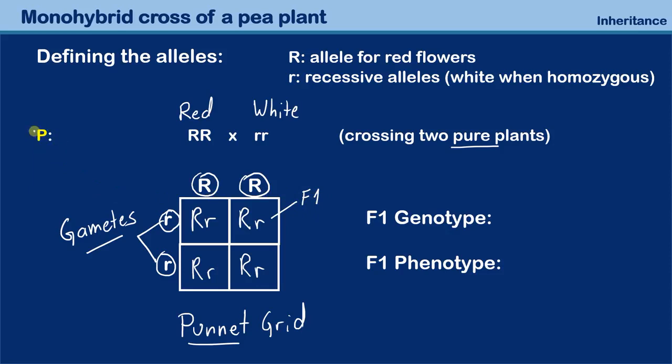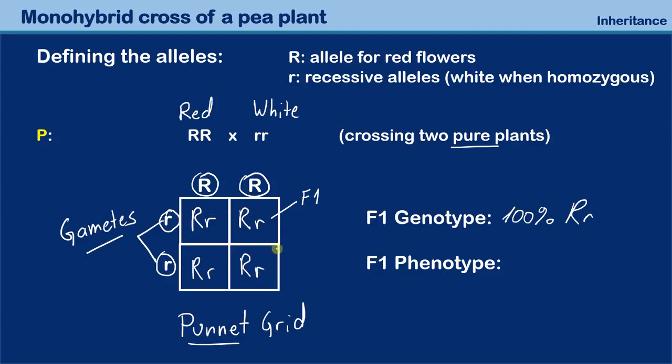P stands for parental, the parents, and F1 stands for filial. And you can see that all of them have capital R, lowercase r, all of them are heterozygous. And the F1 genotype would be 100% capital R, lowercase r. And 100% heterozygous in relation to flower color.